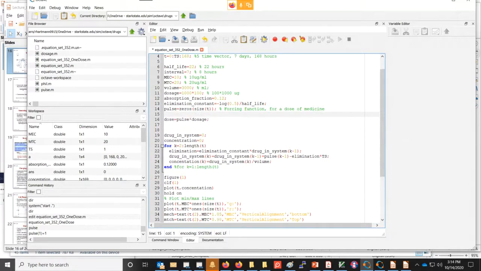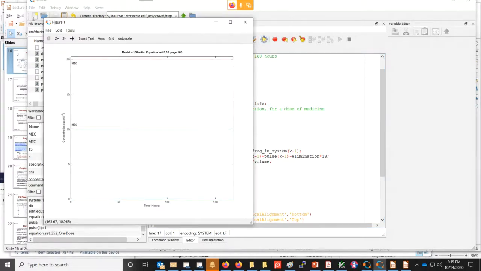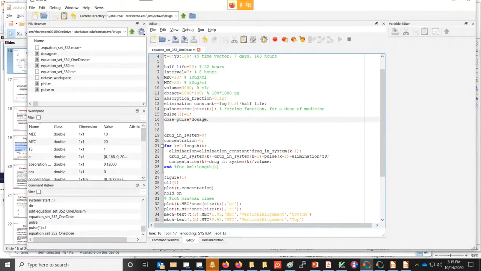So if we look at this now, in my pulse, I need to set the very first one equal to a 1. All right, and so now I'm going to simulate this. And I forgot to change the pulse bit here. This should be my dose. So the amount of drug in my system is equal to the dose, which is equal to that pulse times the actual amount of dosage.